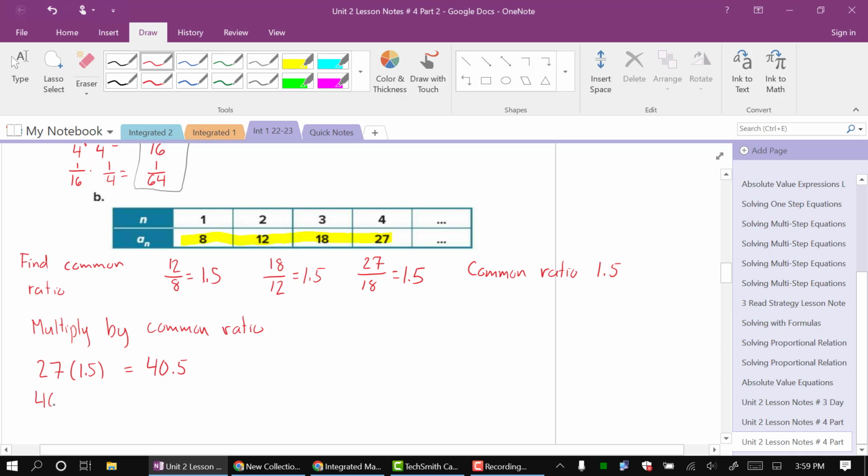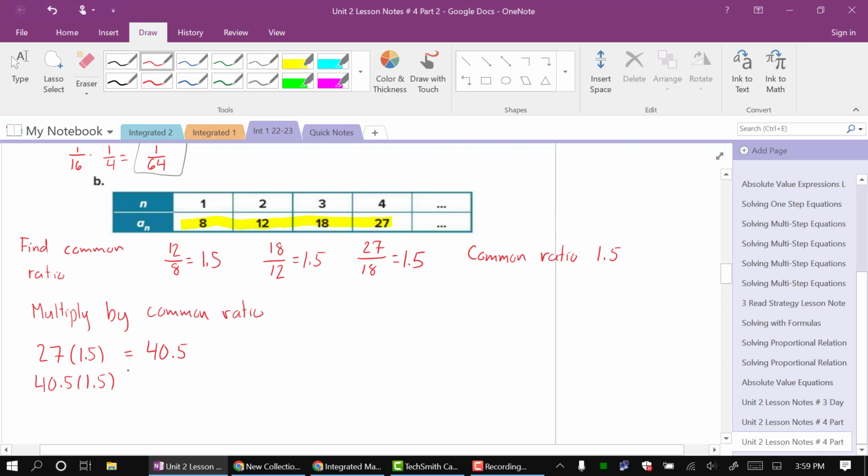Then I'm going to do 40.5 times 1.5. And that's going to give me 60.75. And then I'm going to multiply 60.75 by 1.5. And that's going to give me 91.125. So here are my next three in my sequence.